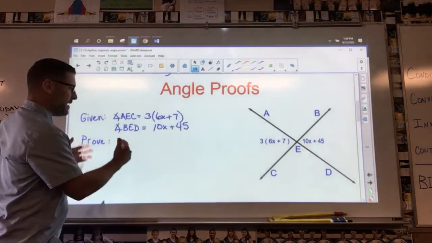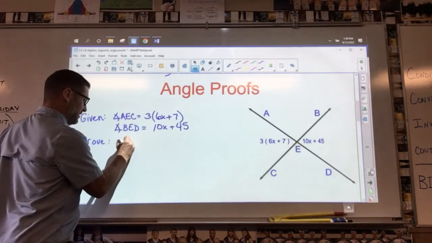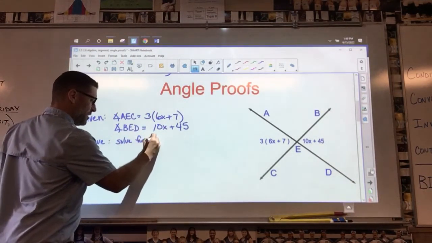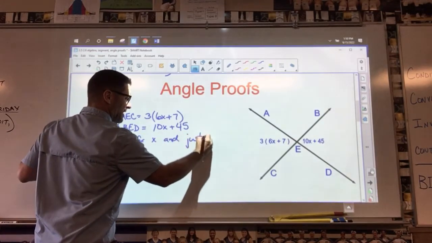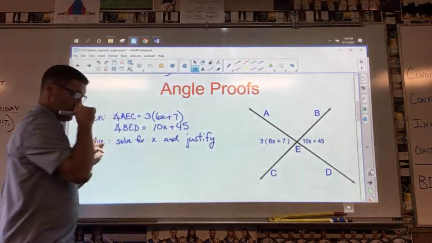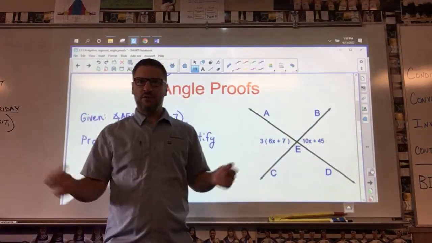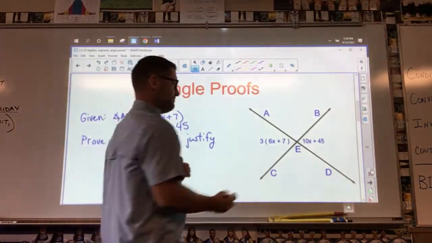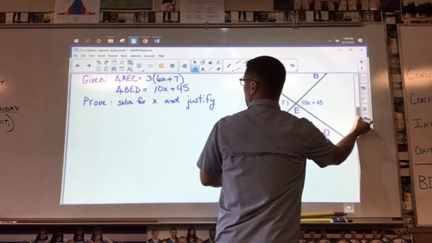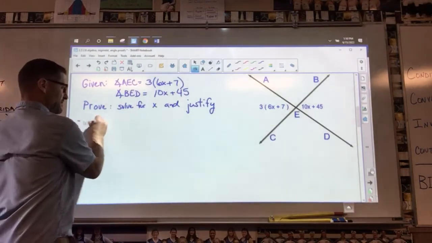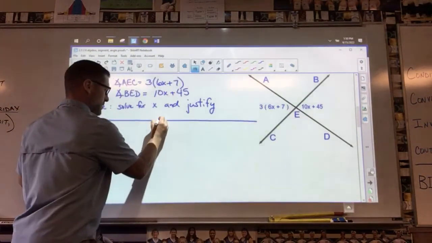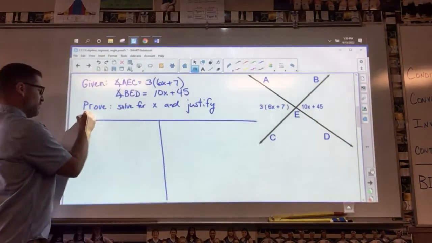I'm just going to say I'm going to solve for x and justify. And justify would mean I'm going to make a T-type proof. I'm going to do all the solving and find out what the answer is. Okay, so now that I have those two things, I'm going to go ahead and write my T-type proof. All right, statements go over here.